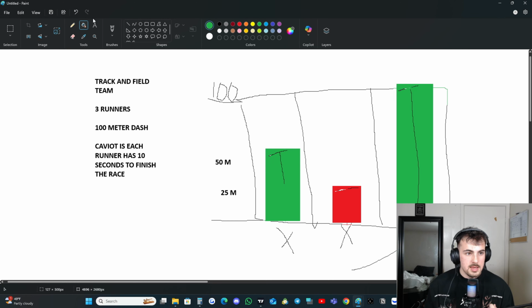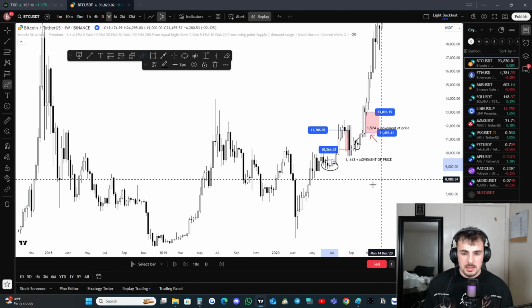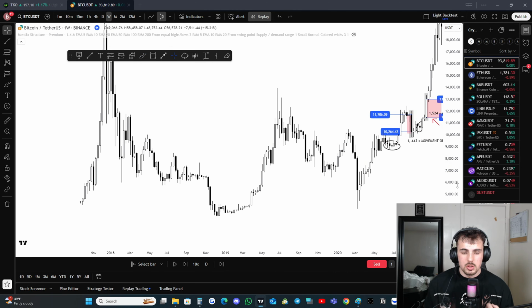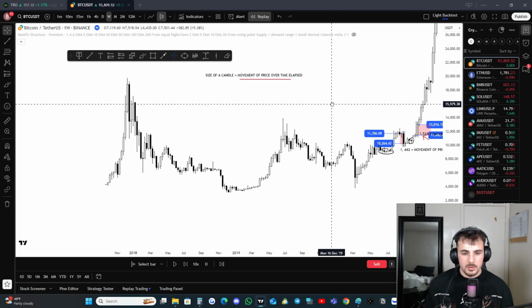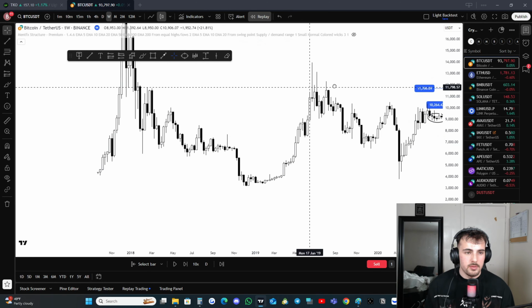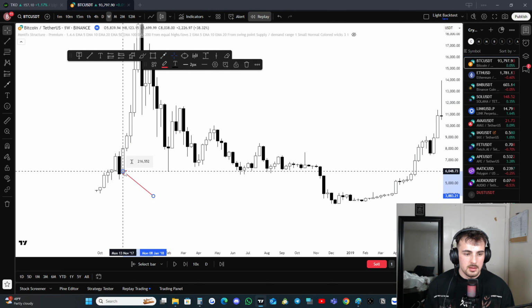Well, these candlesticks represent 10 seconds of time, but they also represent the amount of meters they ran. And the amount of meters they ran, or the amount price has moved, strictly determines the size of the candle.